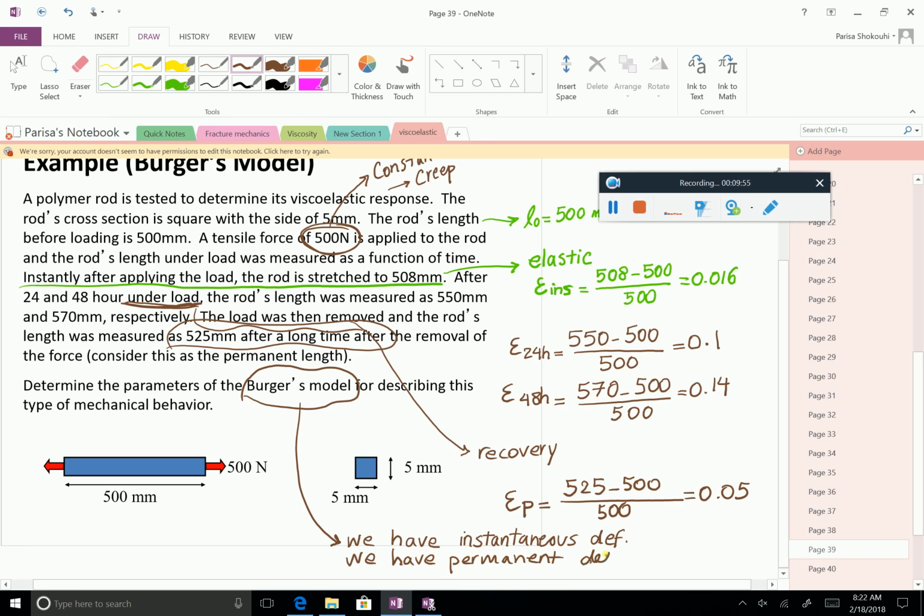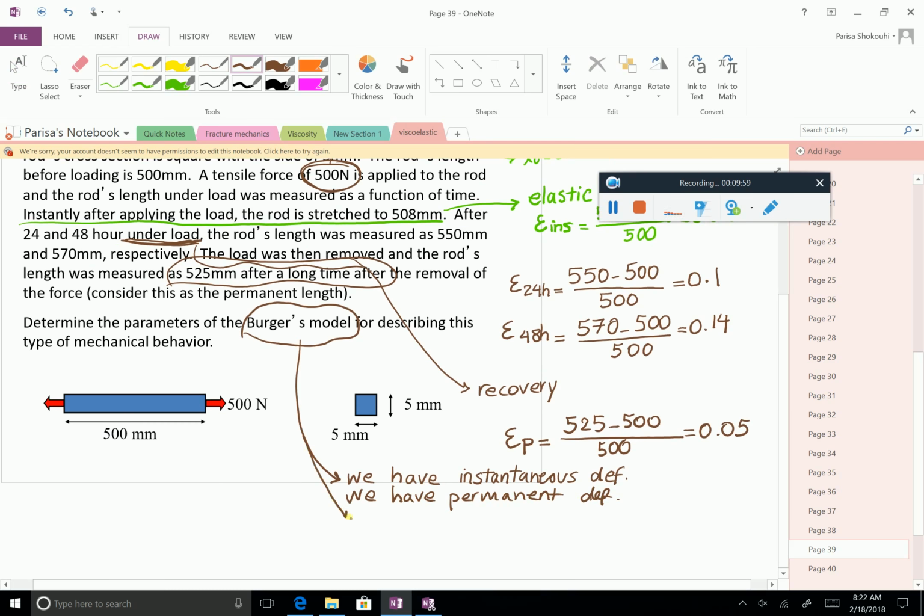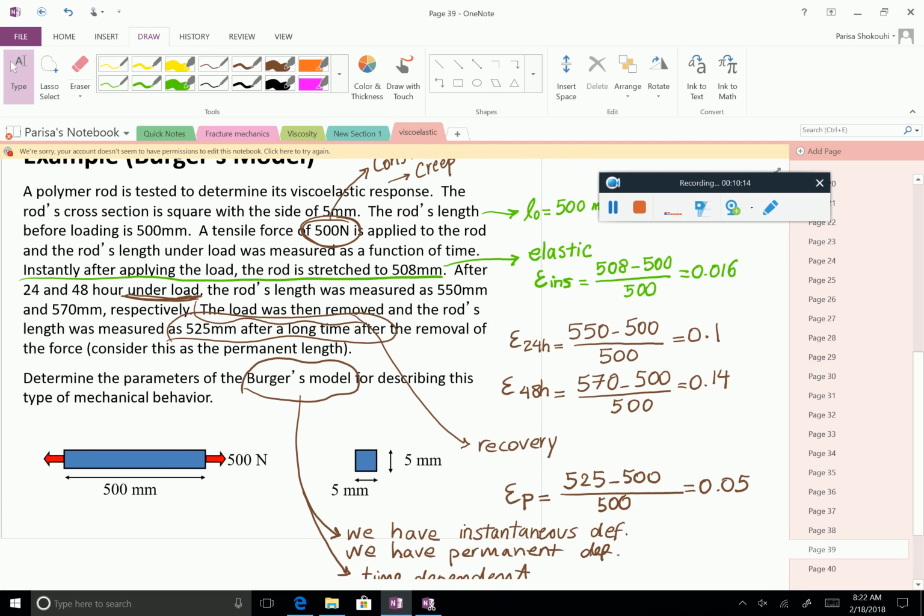And we also see that the deformation is time dependent. So even if we didn't know, we could kind of guess which model it is. So we want to find the model parameters again.